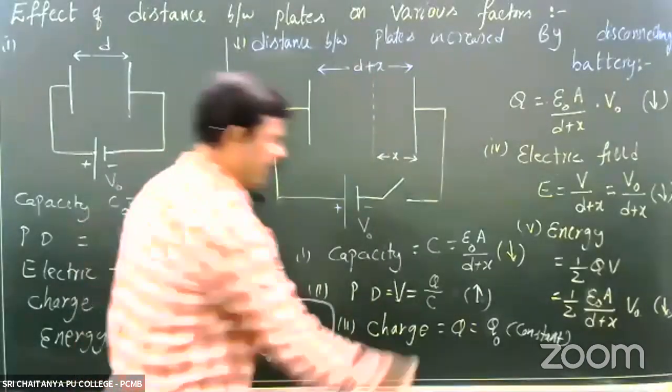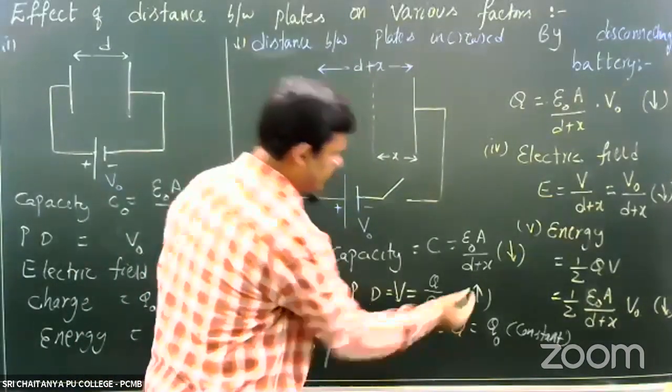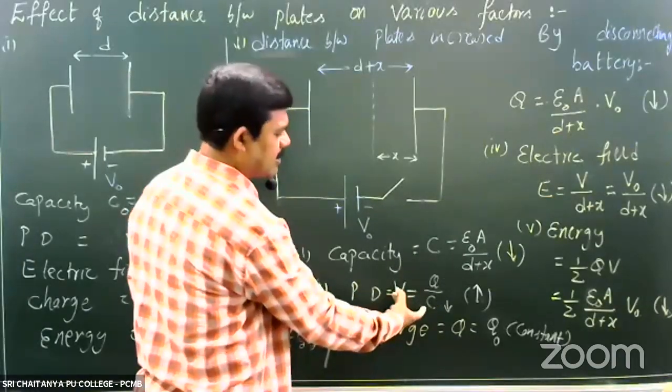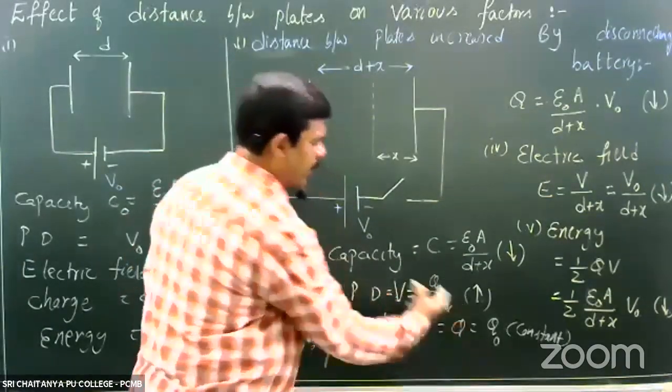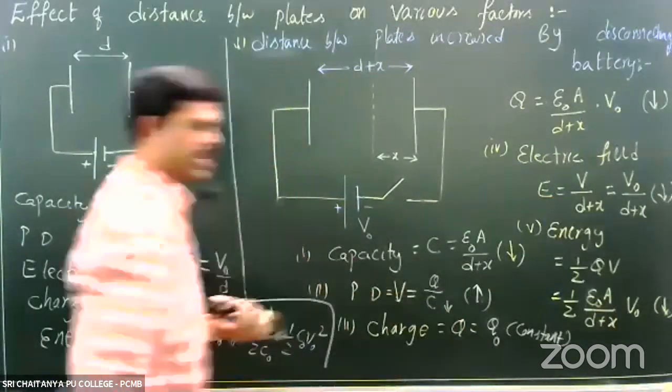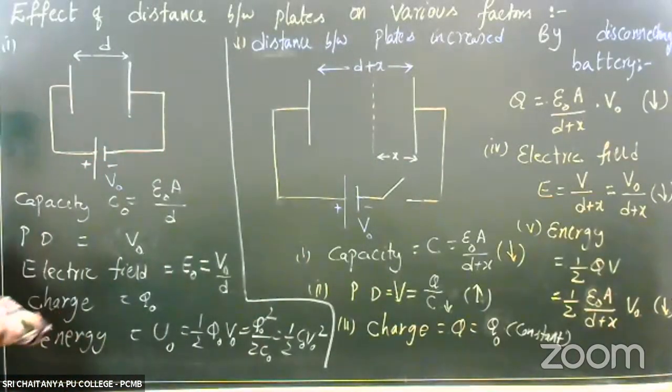Am I clear? C decreased, Q remains the same: V equals Q naught by C, Q naught remains the same, C is decreased, so potential difference increases.